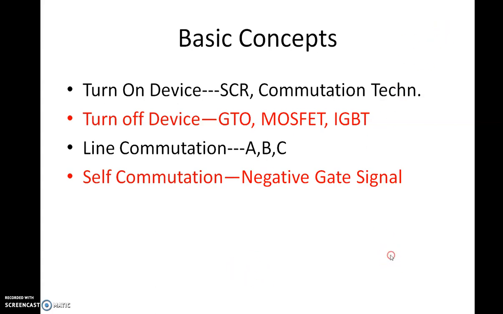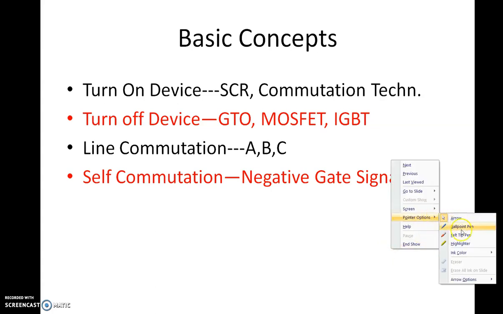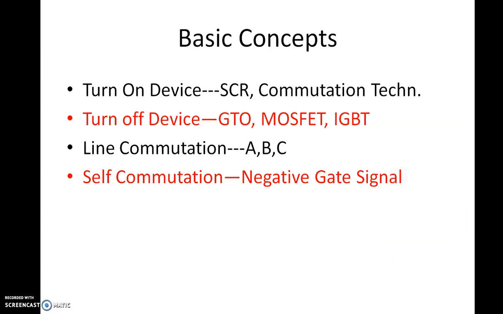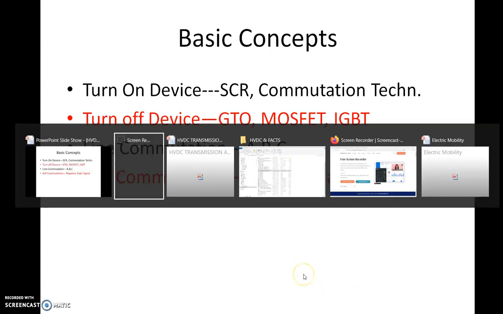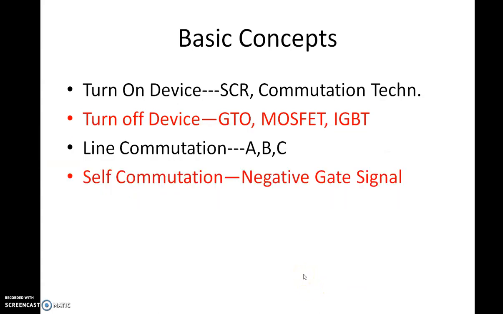As I told you earlier, both the HVDC device and FACTS device require extensive use of power electronics converters basically, and the power electronic converters are made up of certain switches or devices.